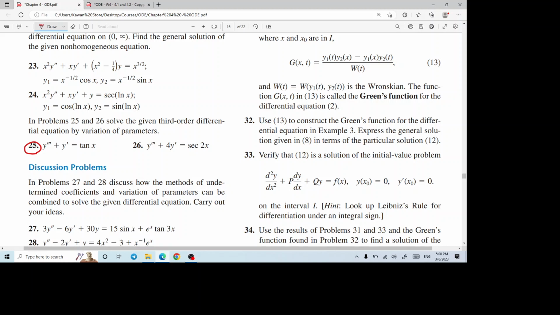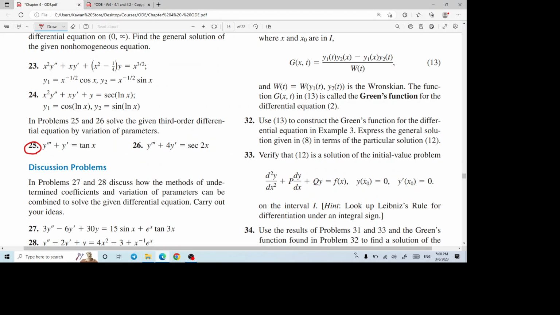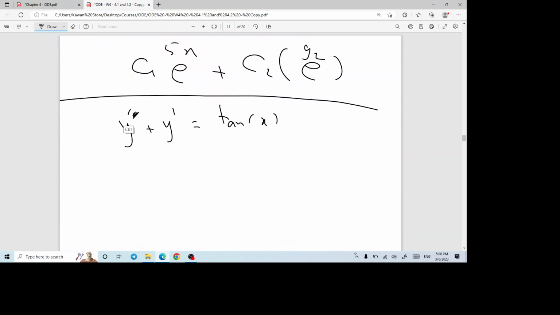We have in the exercise y triple prime plus y prime equals tan of x. So tell me about m. Am I right?